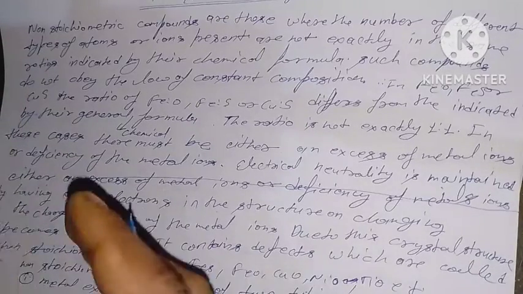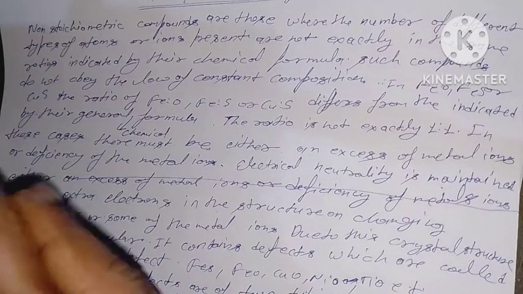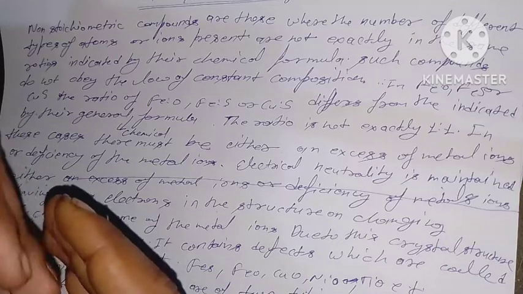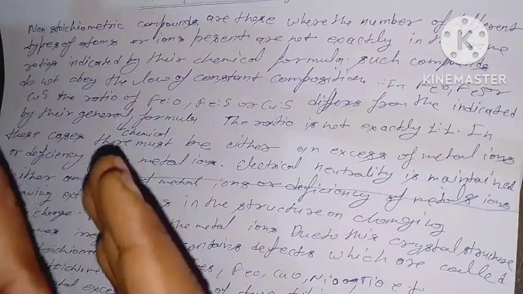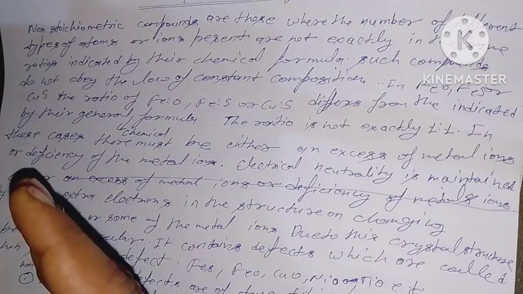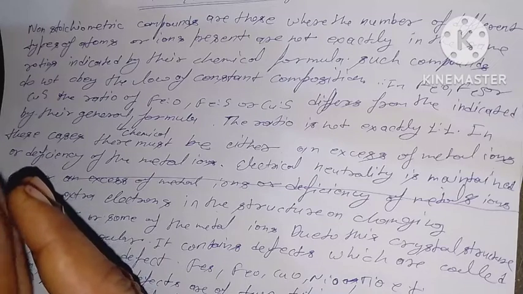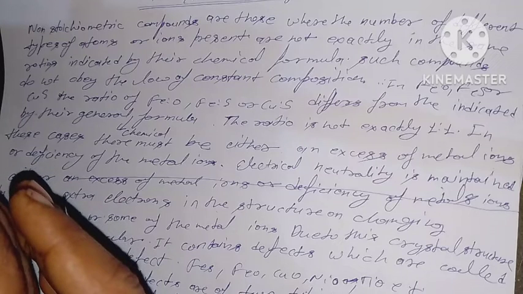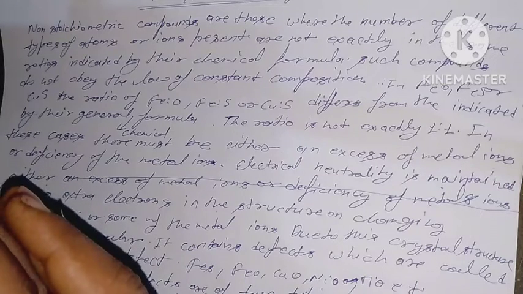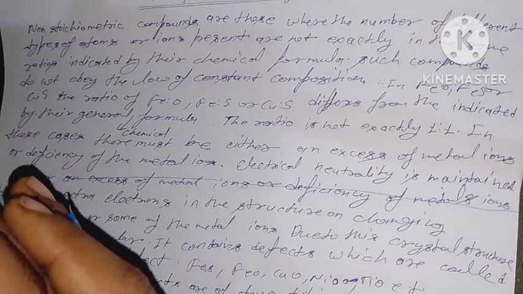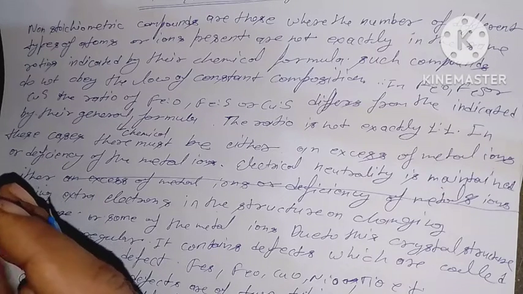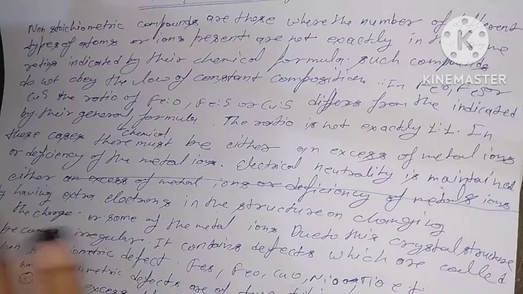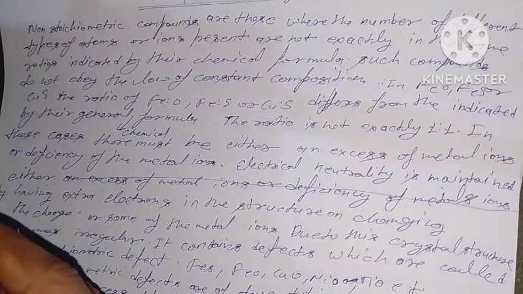Non-stoichiometric compounds are those where the number of different types of atoms or ions present are not exactly in the same ratios indicated by their chemical formulas. Such compounds do not obey the law of constant composition. In FeO, FeS, CuS, the ratio of Fe to O, Fe to S and Cu to S differs from that indicated by the general chemical formula. The ratio is not exactly 1:1.